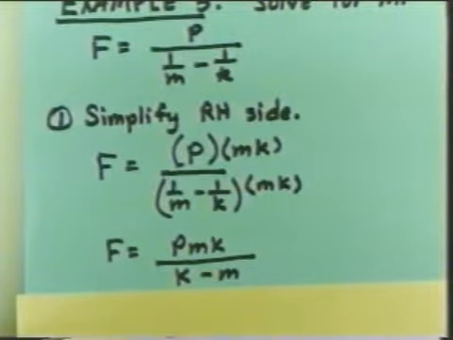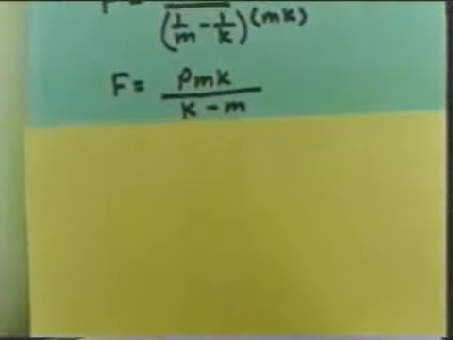The equation looks much better now. That is, we have a single fraction, a 2-layered fraction instead of a 3-layered fraction on the right-hand side. Now we're ready to treat this as we did the preceding examples.